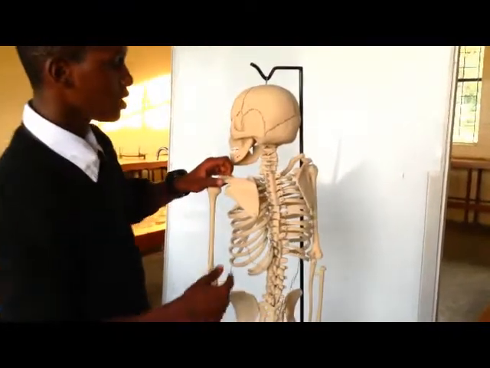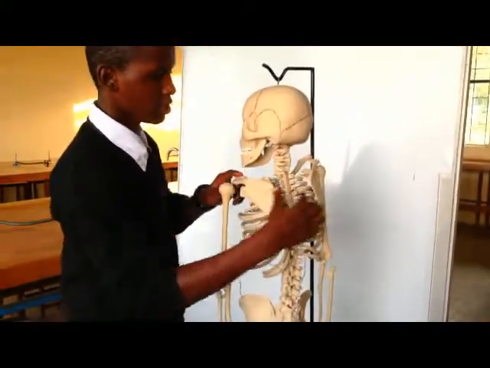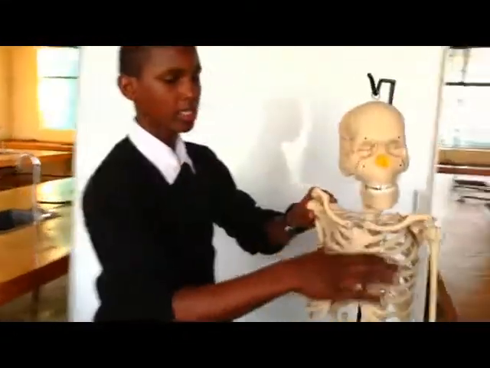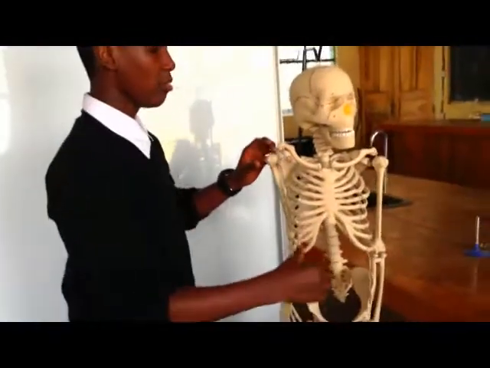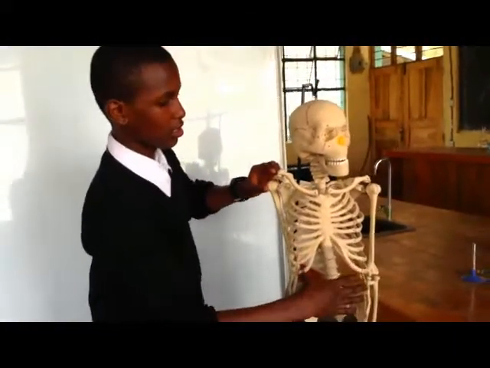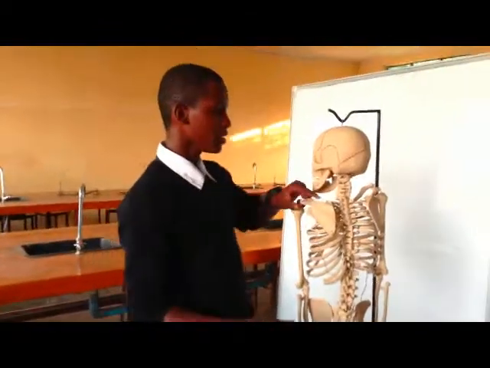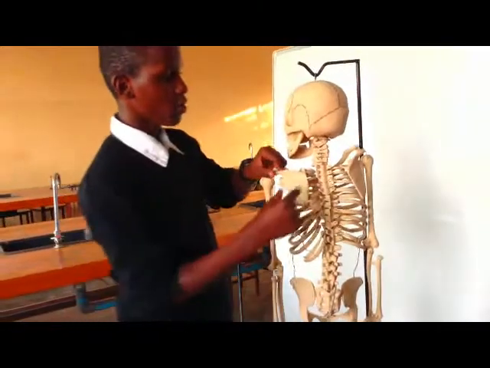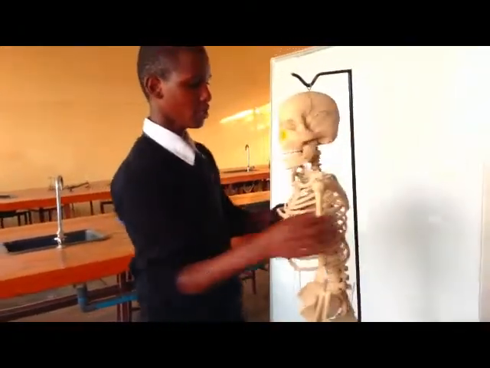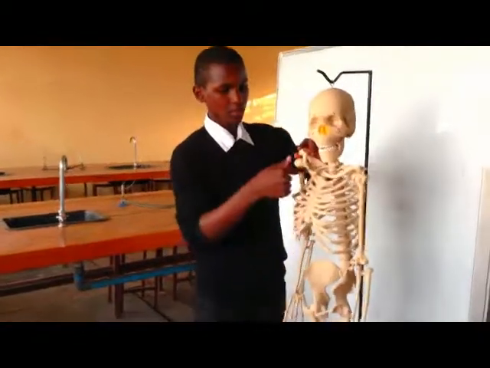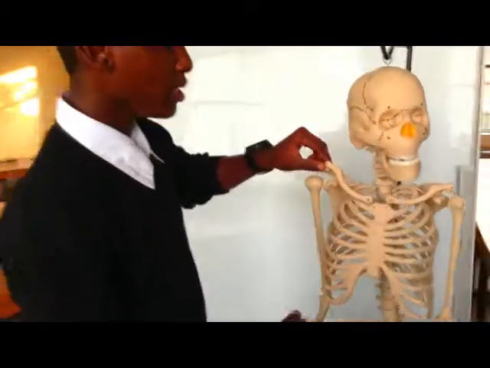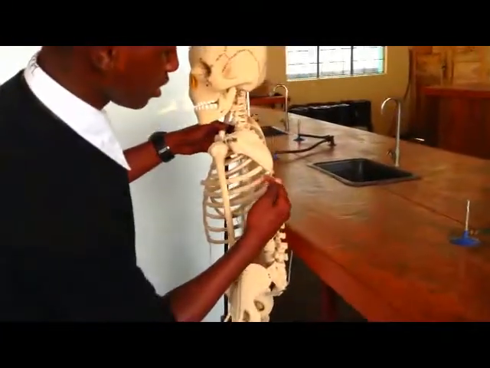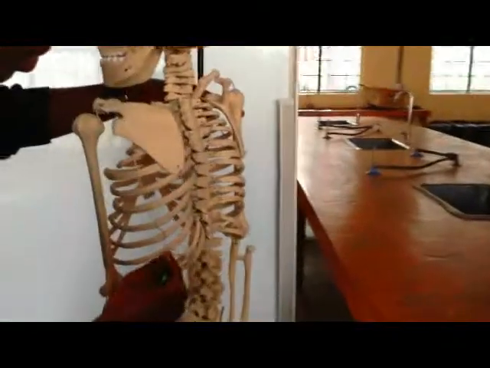Thoracic vertebrae. Thoracic vertebrae are found in the thoracic cage, this one. The thoracic cage is made up of 12 pairs of bones. As we can see, the thoracic vertebrae articulate with the ribs at the back.